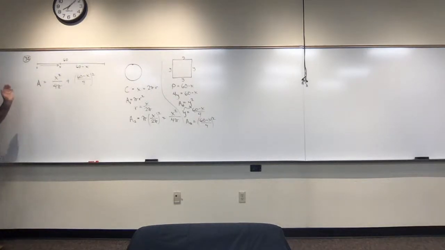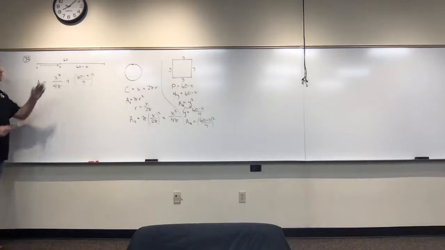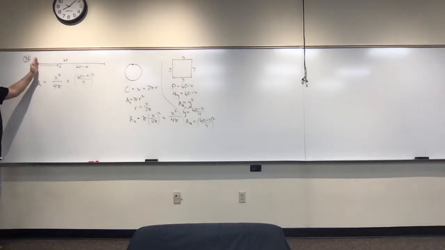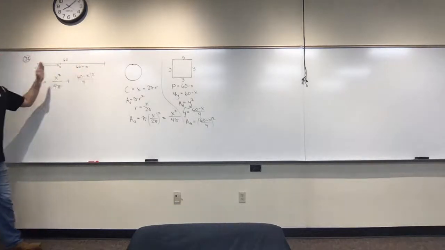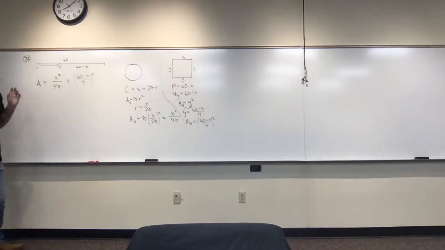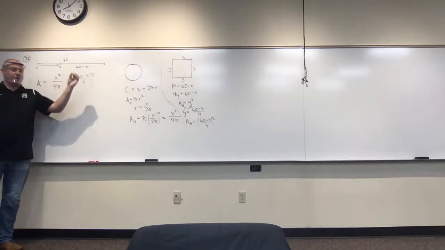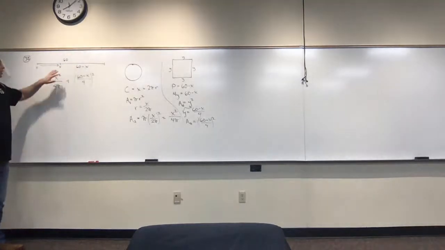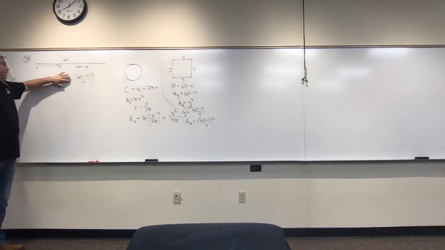And I could make that cut x anywhere, right? Well, one thing that I think I should test is I could make x 0, correct? If x were 0, then the whole thing would just be the square, right? And so if I took that whole 60 length wire and bent it into a square, would I get the right area from that piece?